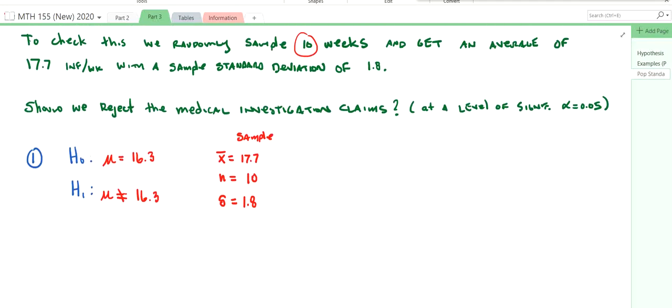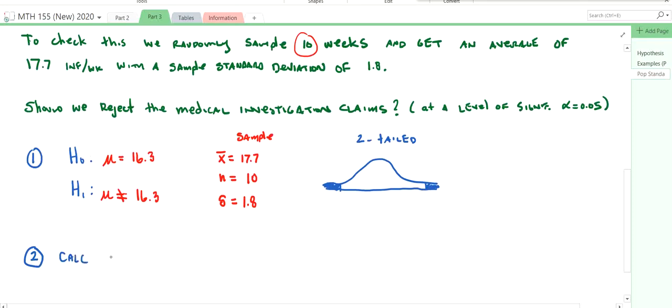So we can use this information now. What we're looking at here is a two-tailed test. We handle this in the exact same way we handled the previous examples where we knew the standard deviation, except now we're going to use t for our test statistic. So calculate our test stat.